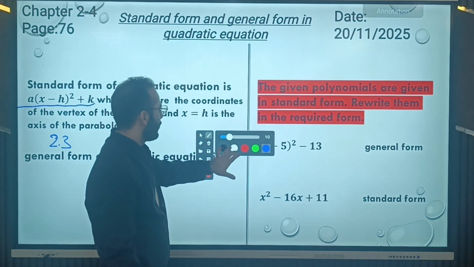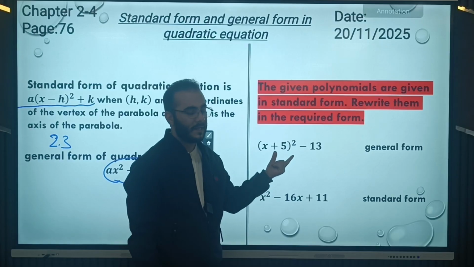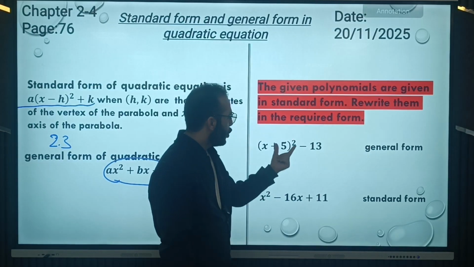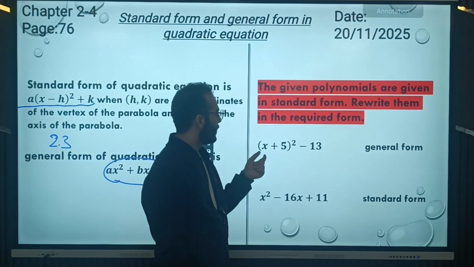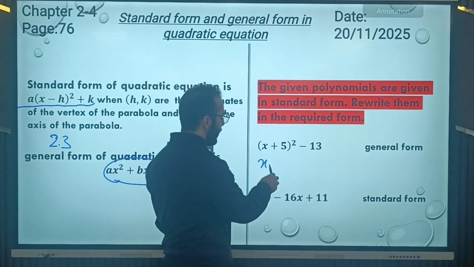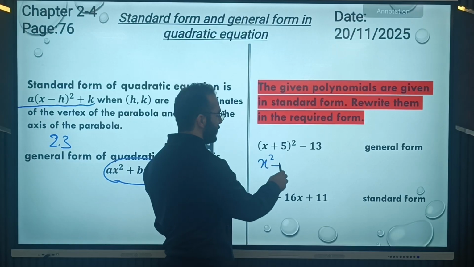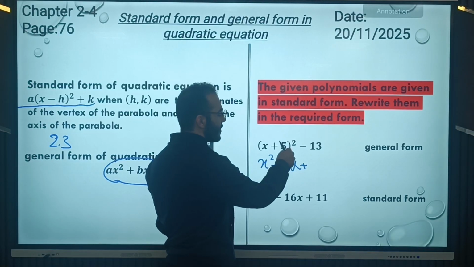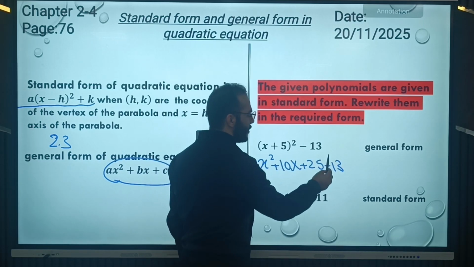Remember this: if the vertex form or the standard form was given and you are asked to convert it to general form, you need to expand this bracket. This is the identity. First term squared, x powered by 2. 2 times first, 2 times x times second, so 2x times 5, 10x, plus the second term squared, 5 powered by 2, 25, minus 13.